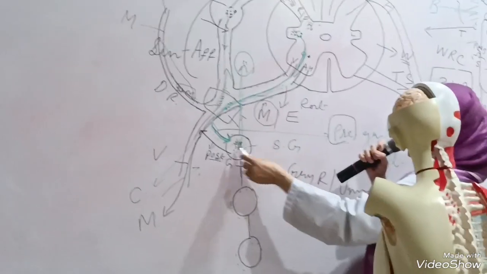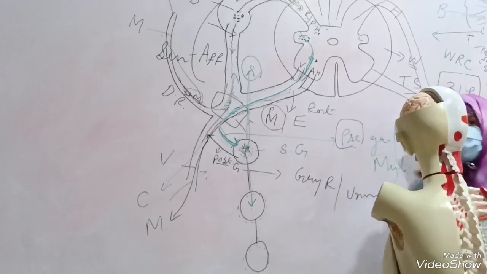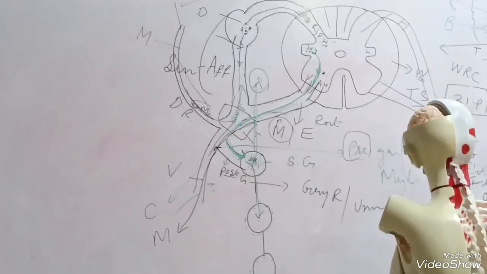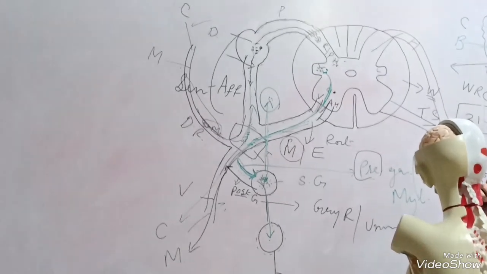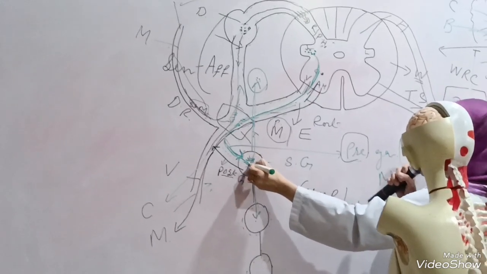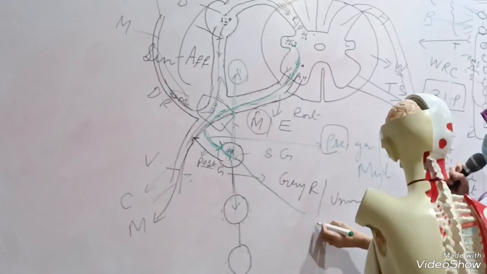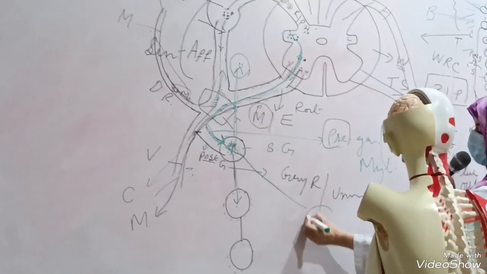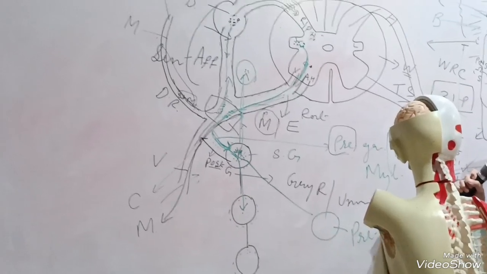And it can take another route, that it may descend downward in the lower ganglia to make synapse with the neurons over there. Is it clear? Okay. There is the third popular way, that this white rami may just traverse without synapsing and reaches towards another group of ganglia called prevertebral ganglia.